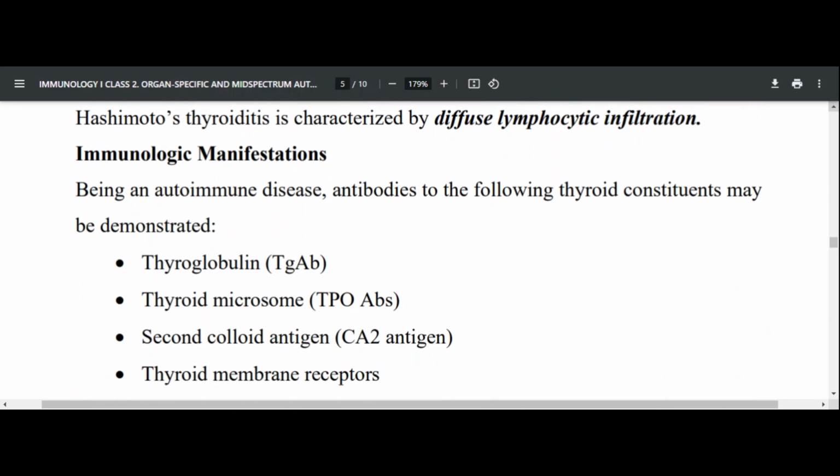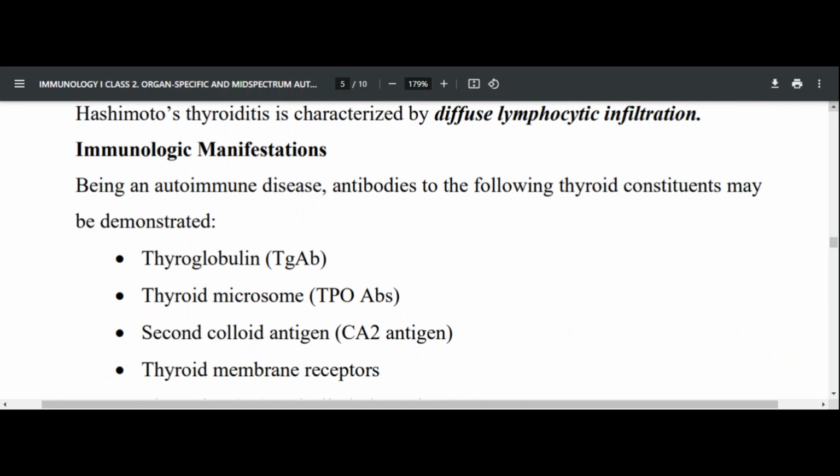Now the immunologic manifestations we find in Hashimoto disease, or chronic thyroiditis. Because this condition is an autoimmune disease, we find a number of antibodies to different parts of the thyroid gland. For example, anti-thyroglobulin antibodies, anti-thyroid microsomal antibodies, anti-second colloid antigen antibodies, as well as anti-thyroid membrane receptor antibodies.